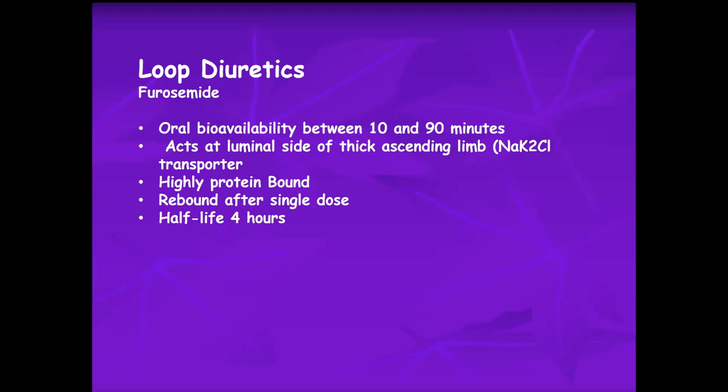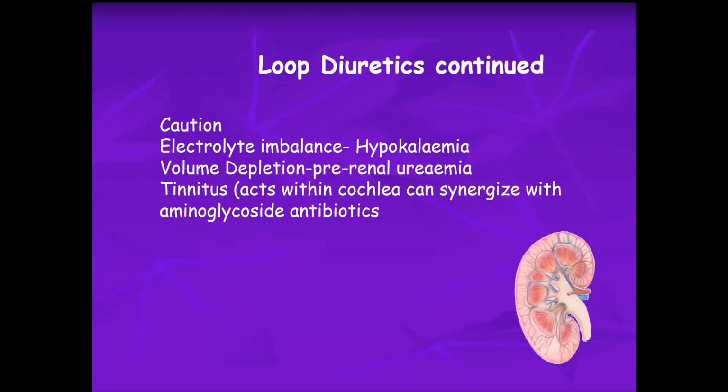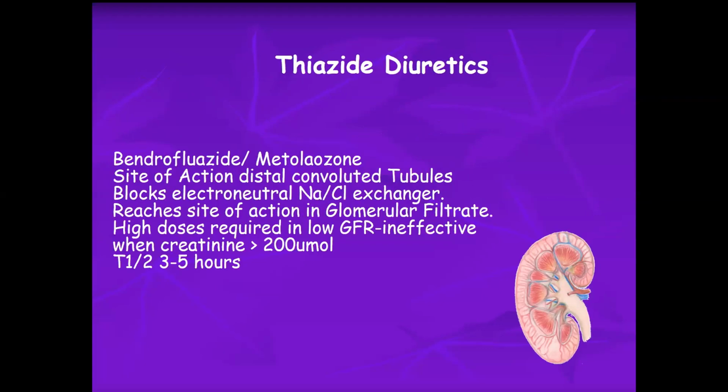Half-life is about 4 hours. The caution in using the loop diuretics is the electrolyte imbalances, hypokalemia, volume depletion, pre-renal uremia, tinnitus. So patients can become deaf on Lasix, especially when you're using it in combination with aminoglycoside antibiotics.